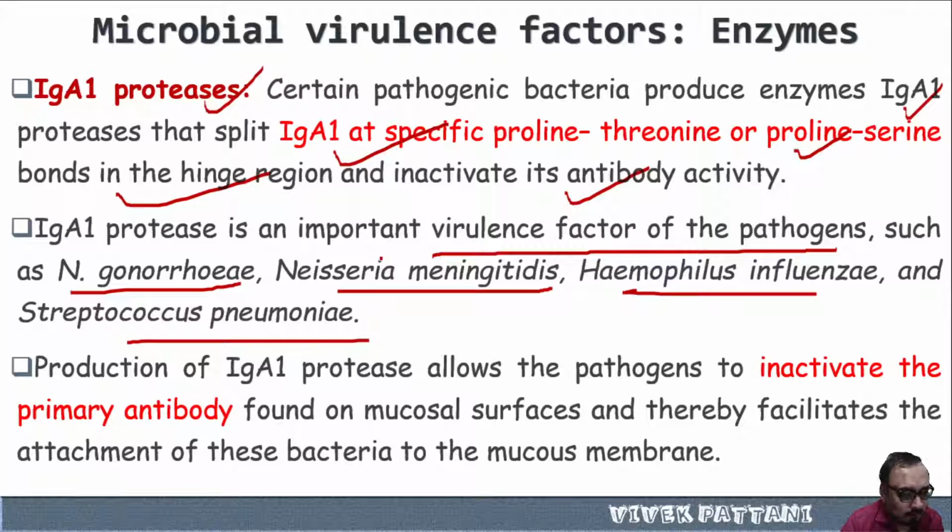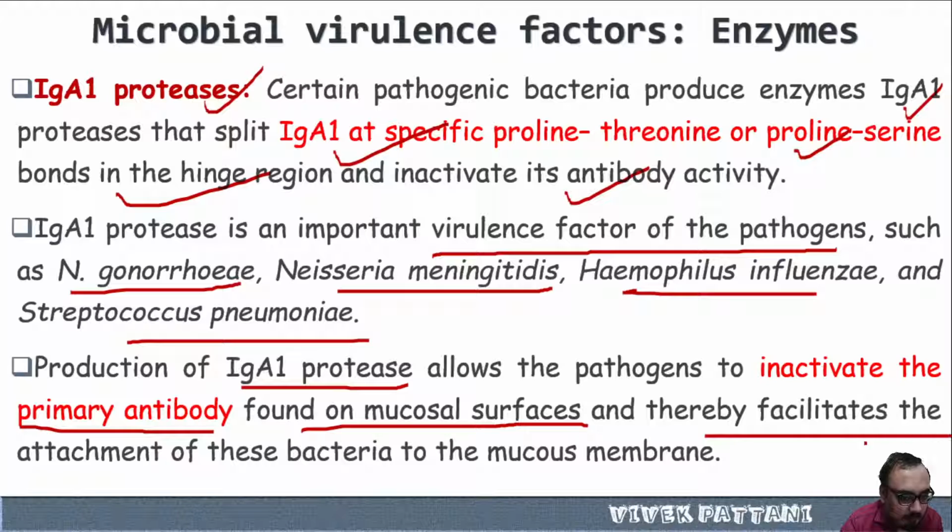The production of the IgA1 protease allows the pathogen to inactivate the primary antibody found on the mucosal surfaces and thereby facilitates the attachment of the bacteria to the mucous membranes.